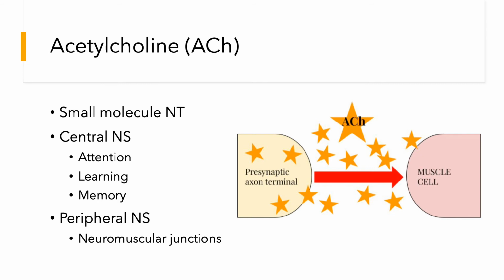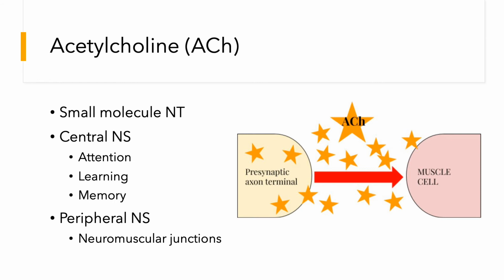Acetylcholine is an example of a small molecule neurotransmitter. It functions both in the central and peripheral nervous systems. Acetylcholine, or in shorthand ACH, uses what are called cholinergic pathways throughout the nervous system. In the central nervous system, acetylcholine can be used for attention, learning, and memory systems.